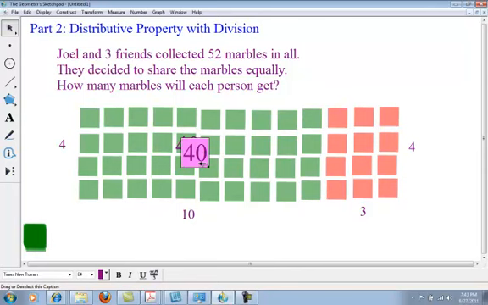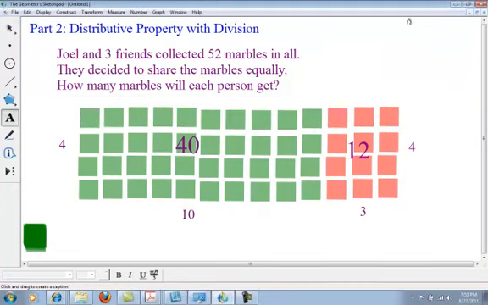So let me copy this so I have a great big number. And I know that this is 12. So since I have 40 in my green array and 12 in my red array, I know that I have 52 marbles in all. Well, each row represents how many each person's going to get. So each person's going to get 10 plus 3 more, so 13.